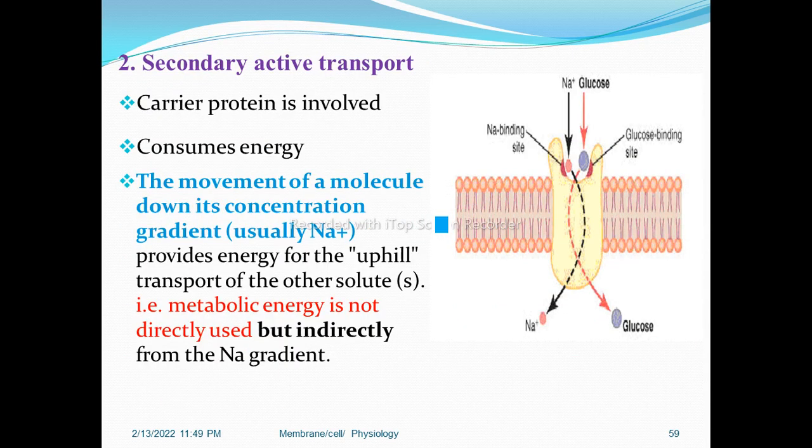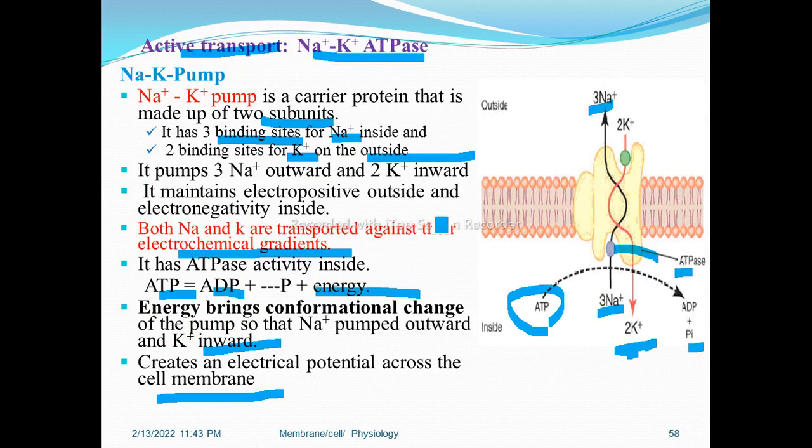Another example is the calcium pump. Substances are transported against the concentration and electrochemical gradient, in the uphill direction. The calcium pump, or calcium ATPase, is found in the plasma membrane, in the membrane of the endoplasmic reticulum, and in muscles in the sarcoplasmic reticulum.